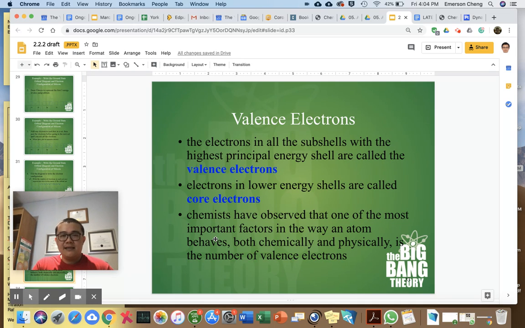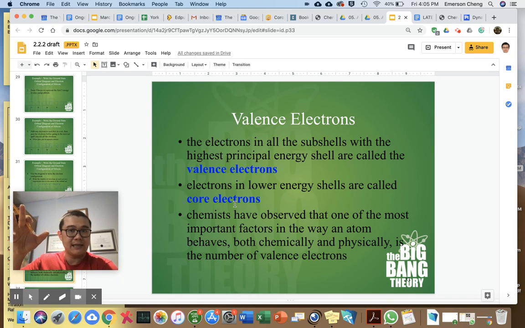Now, valence electrons versus core electrons. I'm pretty sure you have learned this back in grade 9 or 10. Valence electrons are the electrons at the highest energy level, or highest orbitals.